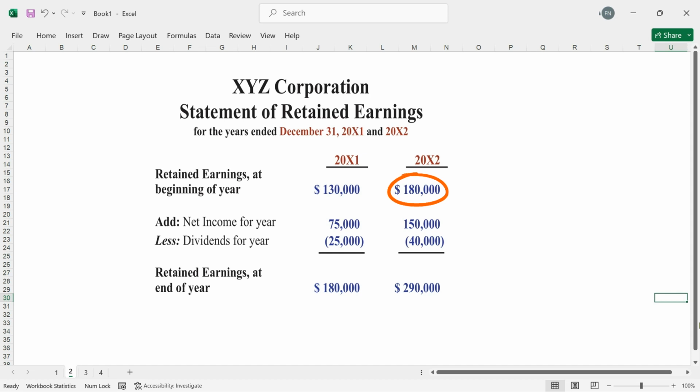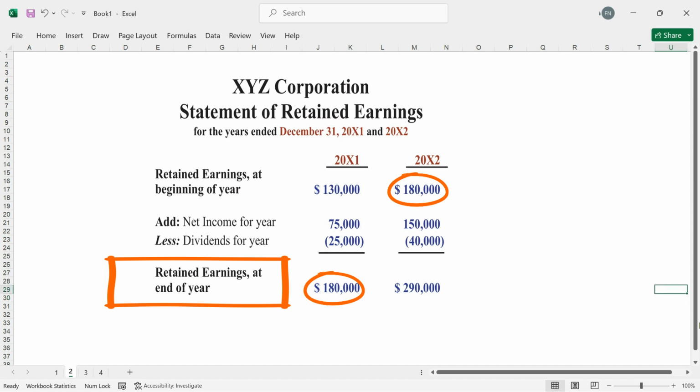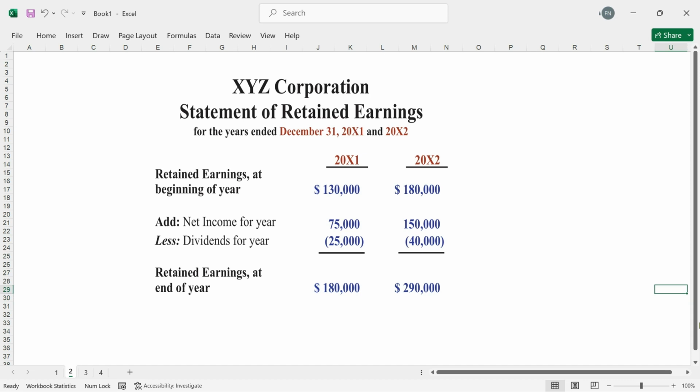Now, the balance of retained earnings at the beginning of this year, 20X2, which is January 1st, the start of business January 1st, 20X2, well, that balance is exactly the same balance as of the end of the year 12/31/X1. I mean, if we're at the close of business on December 31st, the balance of retained earnings is $180,000, which I can find on my balance sheet.